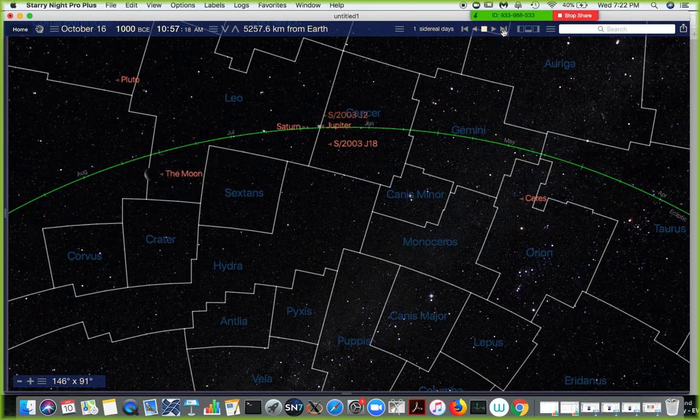And then another day goes by, and the moon is changing its phase, going waning crescent, right? It's going towards the new phase. And another day goes by, and another days go by. We don't see a lot of motion in Saturn and Jupiter. They seem to be very slow.